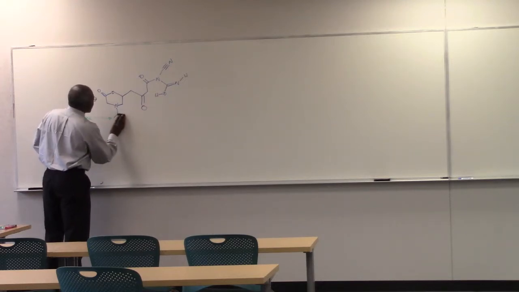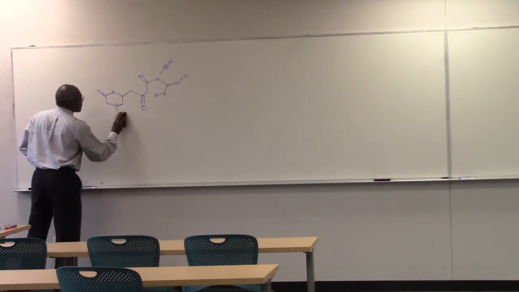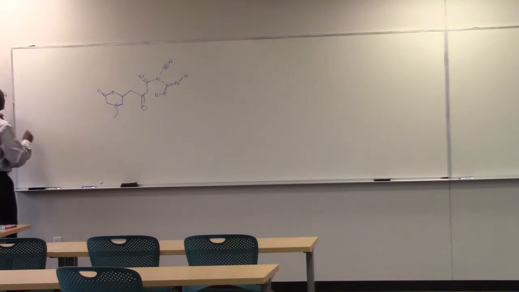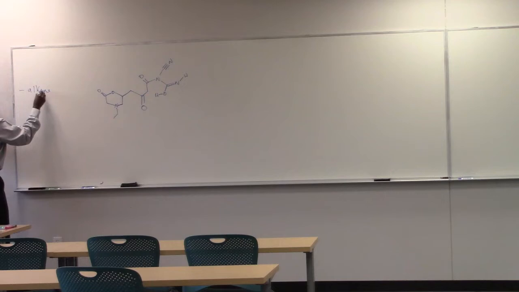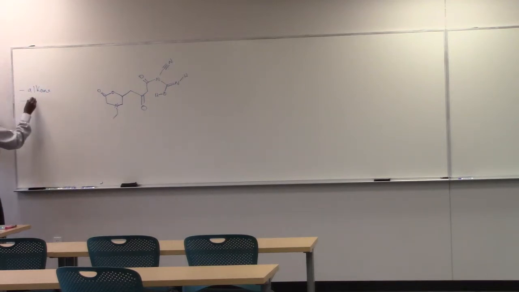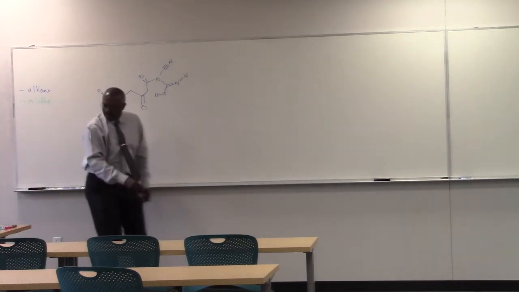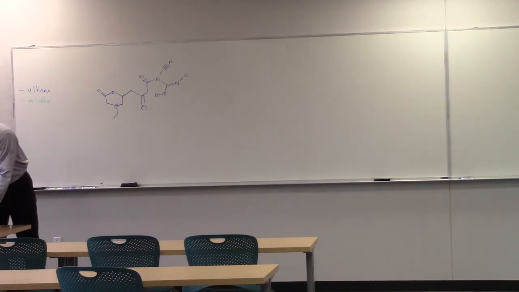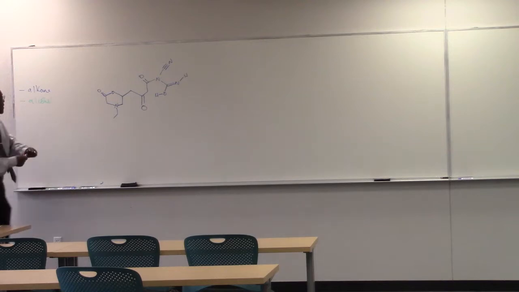I tell you what, let's use colors, because it's going to get very confusing. So let's say blue is alkane. Let's say green is alcohol level. Let's say pink is aldehyde.